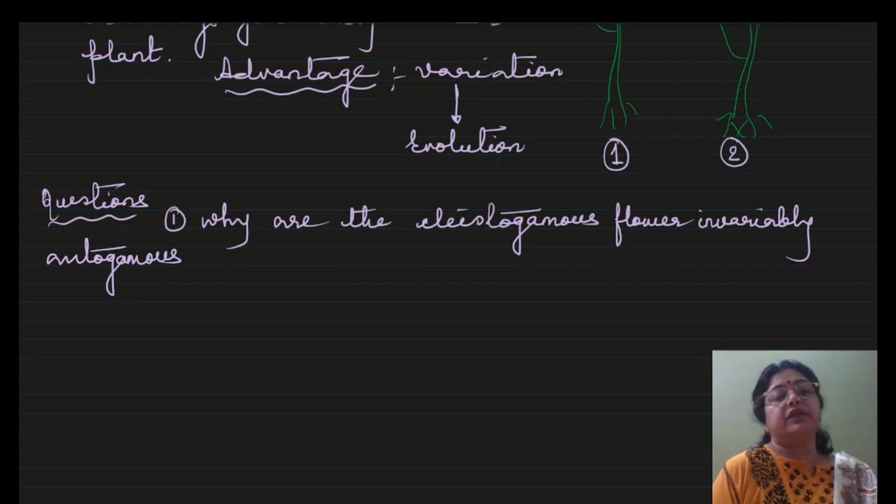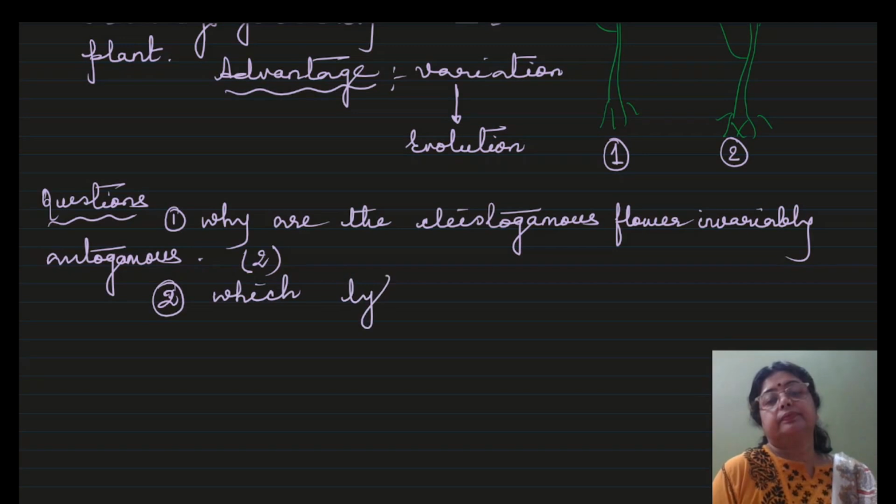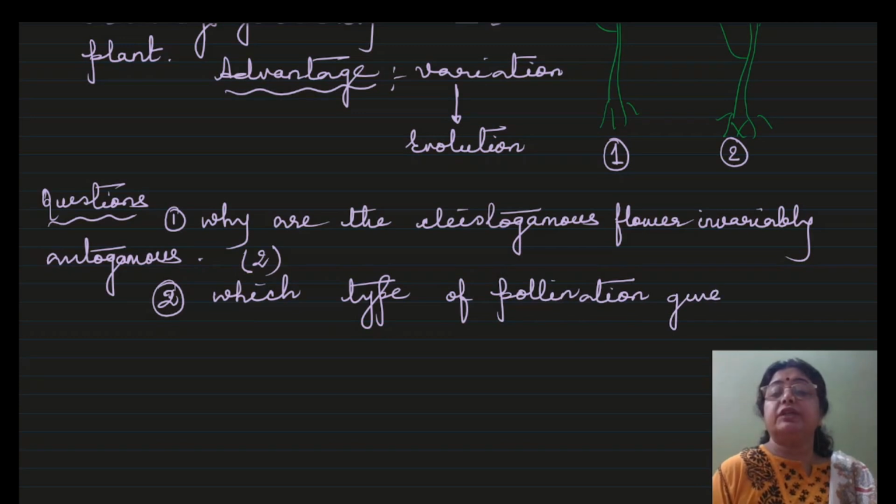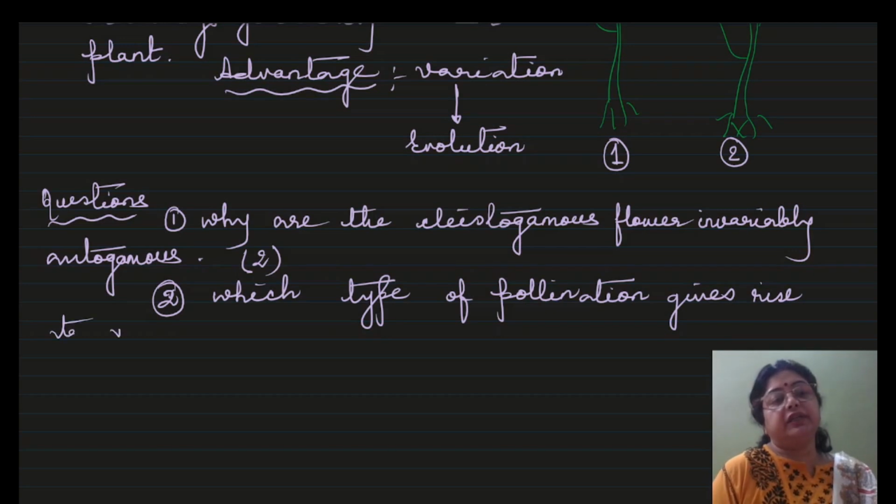This is a very important question. It carries 2 marks. Number 2, which type of pollination gives rise to variation, and why?